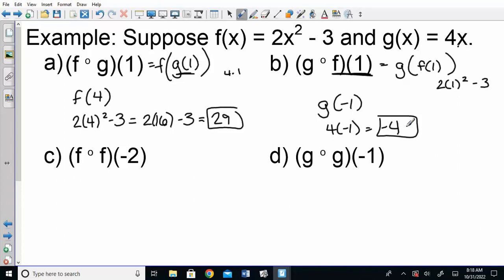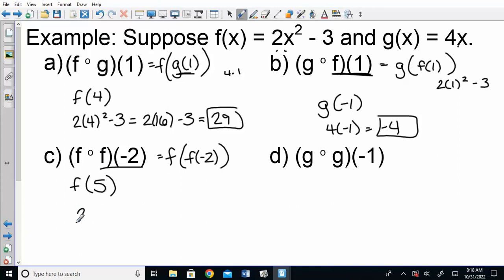We do not have to plug them into different functions. So if you look at the next one, f composed with f of negative 2, I'm asking you to put it into the same one twice. So we have to start with f of negative 2. If you put a negative 2 into f, what do you get out? 5. Negative 2 squared is 4, times 2 is 8, minus 3 is 5.